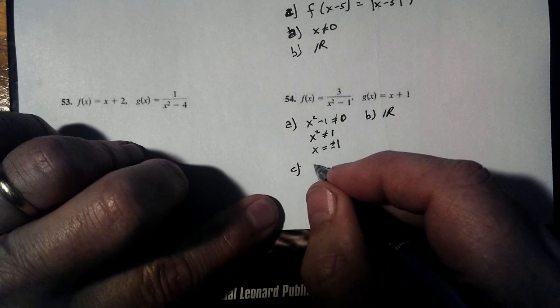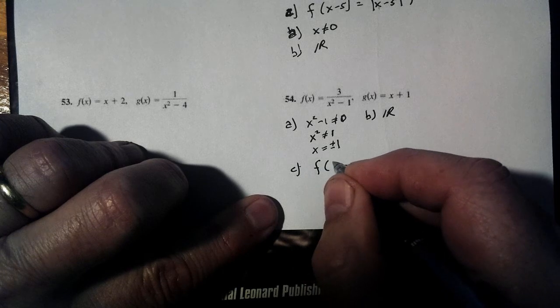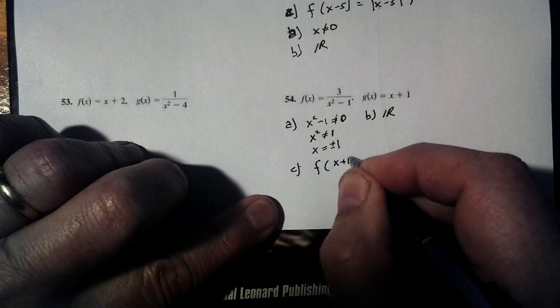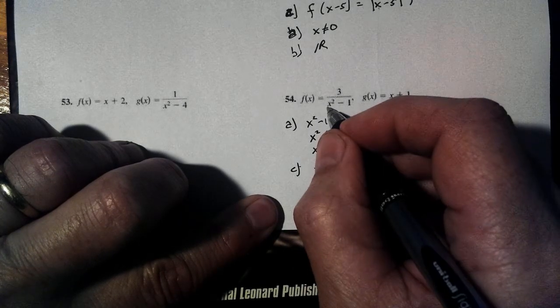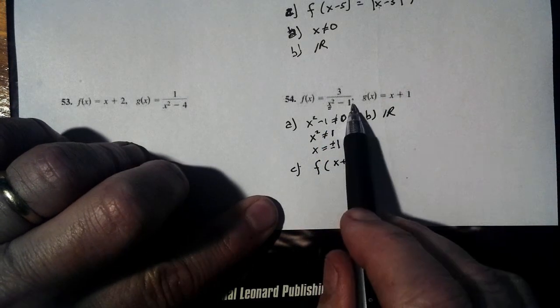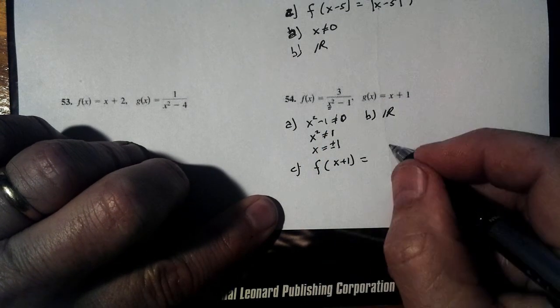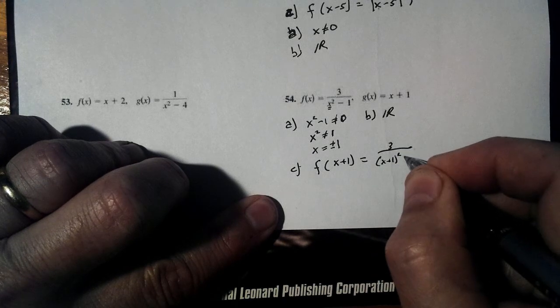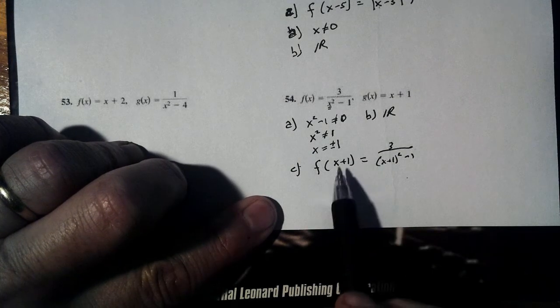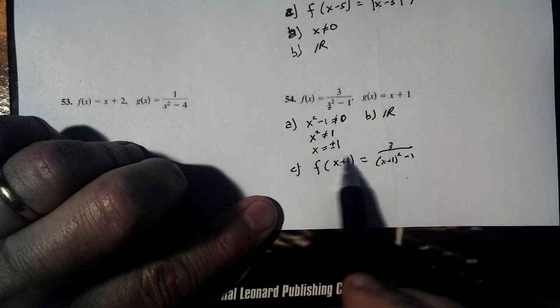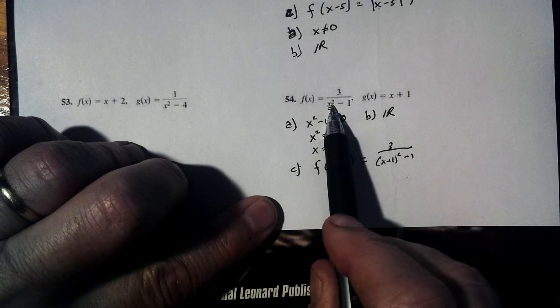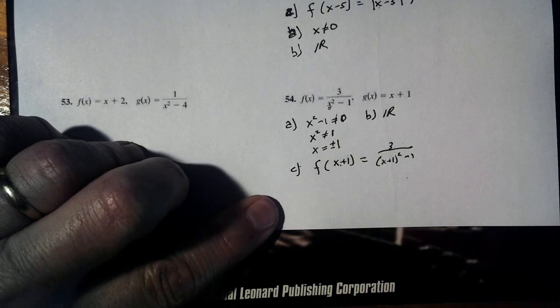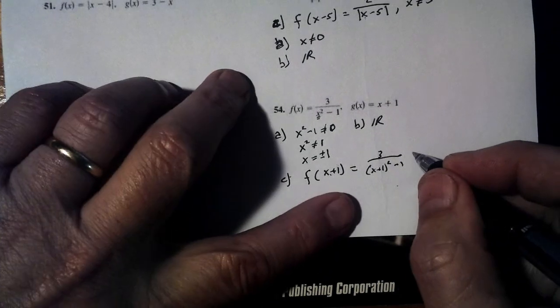For f of G, that is f of x plus 1, f is a factory that takes things, puts them right there, squares them, subtracts 1 from them, and puts them underneath 3. So I get 3 over x plus 1 squared minus 1. F takes things, no matter how ugly they are, squares them, subtracts 1, puts them under 3. Well, I guess we're going to simplify that.